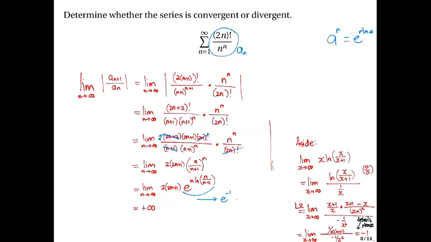That's the whole point. So the series n quantity factorial divided by n to the n, from 1 up to plus infinity, this is divergent by the ratio test. Okay? Question?